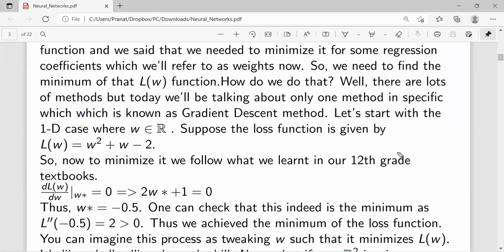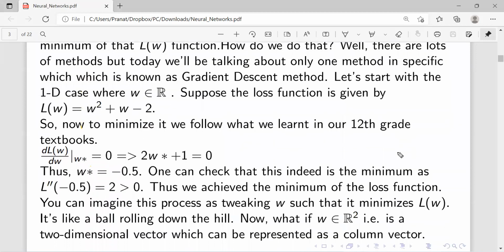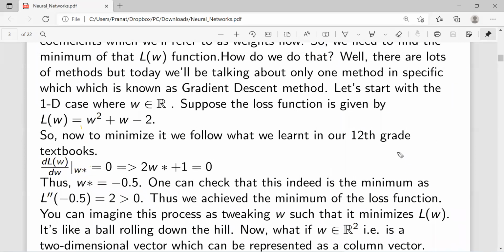You just take its derivative and set it equal to 0, and you find the value of W for which it satisfies this equation, which is negative 0.5. And you can check this indeed is the minimum of this function by using the higher order derivative test. If you take the second derivative, you see that it is a positive number, it is greater than 0, hence it is a minimum.